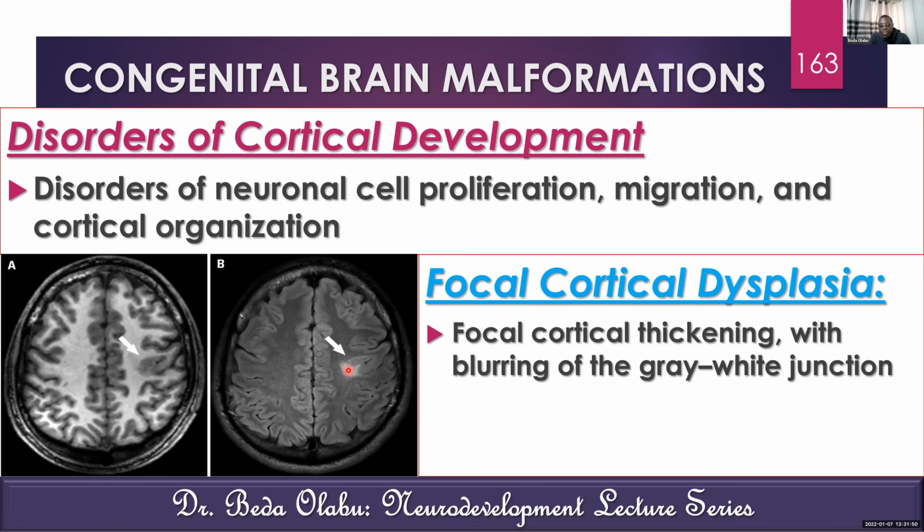So it appears as a focal thickening of the cortex. This might be a bit hard to pick if you're not a radiologist, but those regions pointed there represent regions of focal cortical dysplasia.